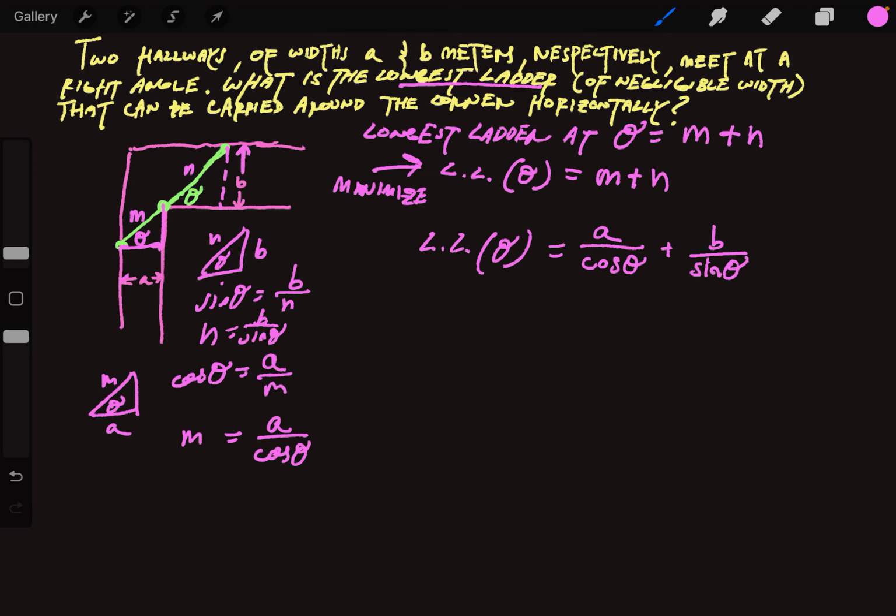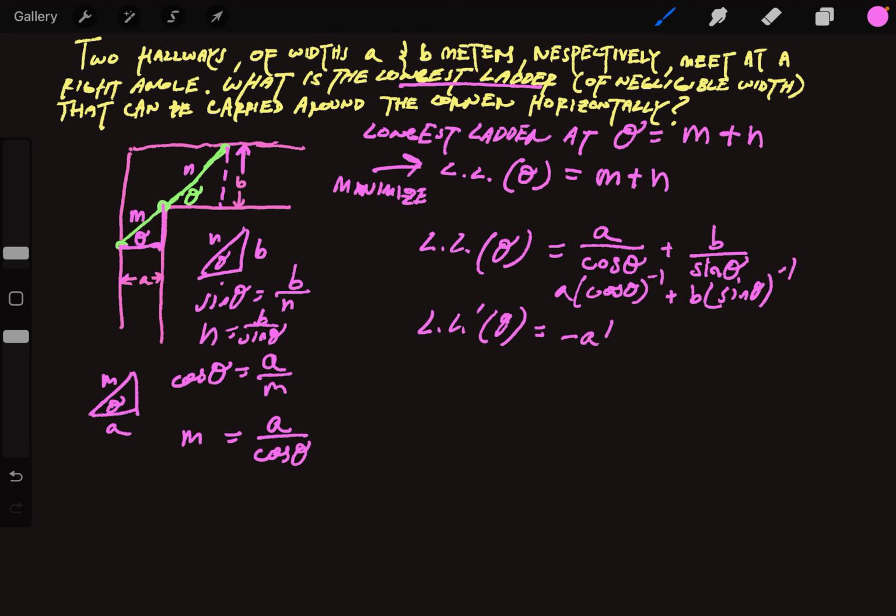Now, again, you want to minimize this function. The way we're going to minimize this function is that we are going to take the derivative. So the derivative of this function is what? Well, we could look at this as a cosine theta to the -1 plus b sine theta to the -1. And I'm going to do a bit of chain rule.